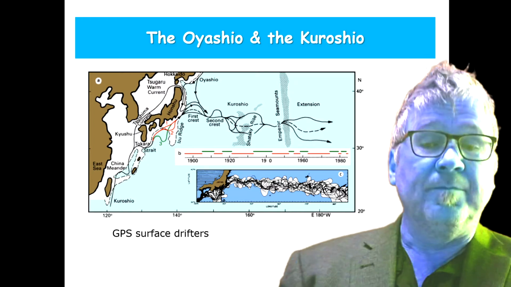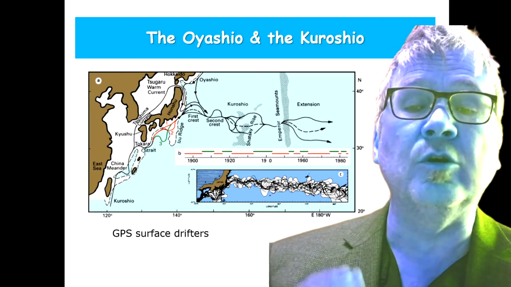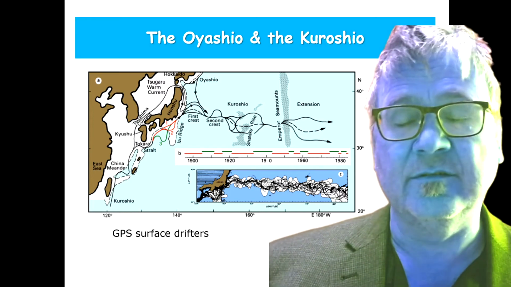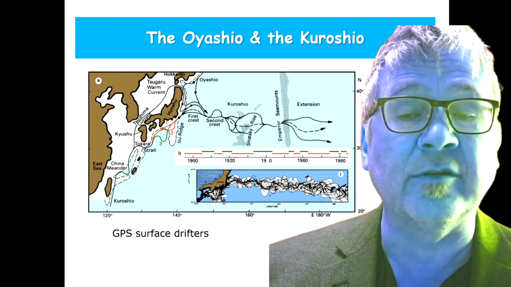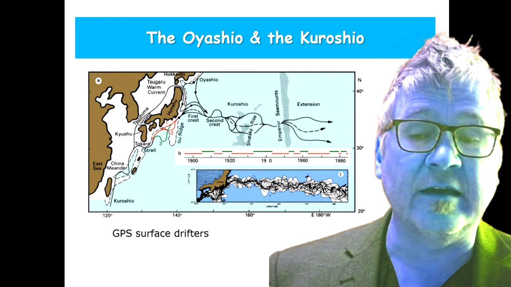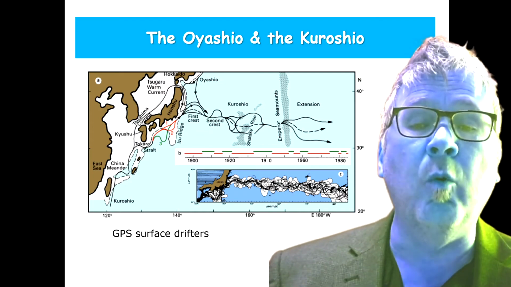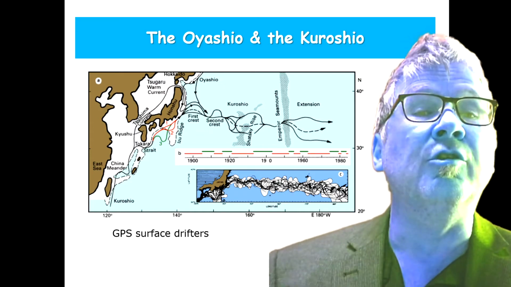The water is actually deflected mainly zonally to the east. And it creates eddies. We'll talk about eddies later on. But there is no significant transport of warm water from the Kuroshio into the North Pacific.